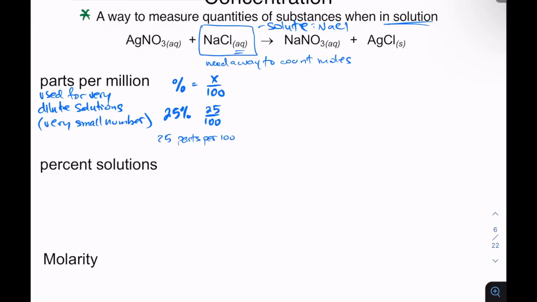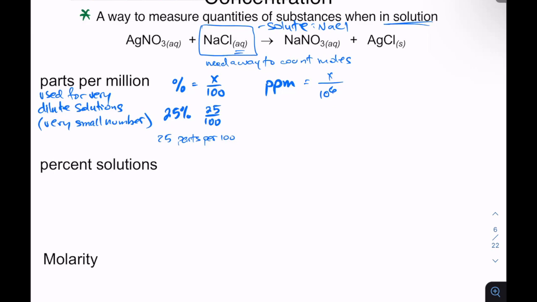Well, it's the same logic with parts per million, except now it's not out of 100, it's out of a million. Okay, so the symbol for parts per million is ppm. That simply means that we have so many parts per million, which is 10 to the 6th.